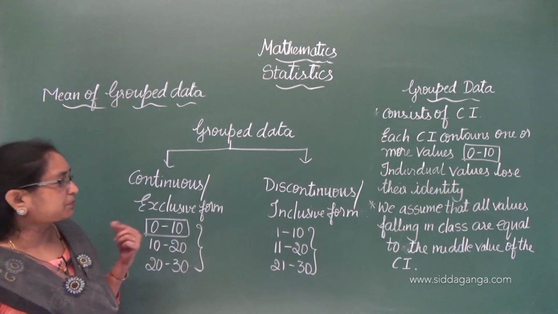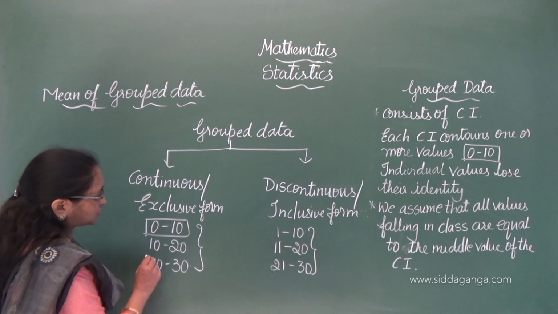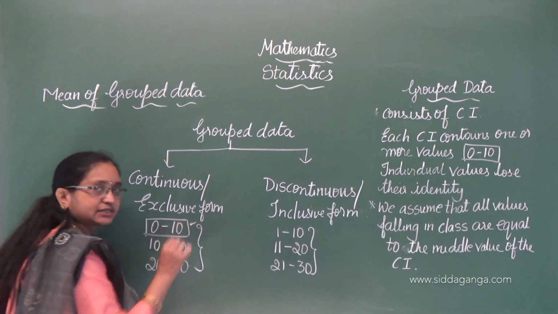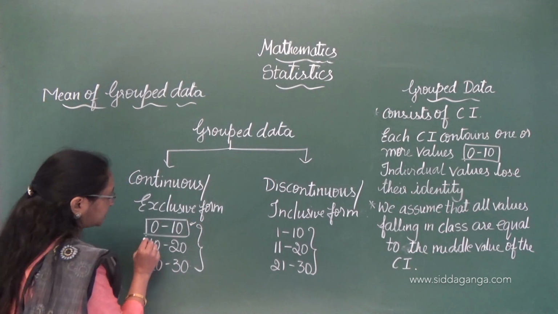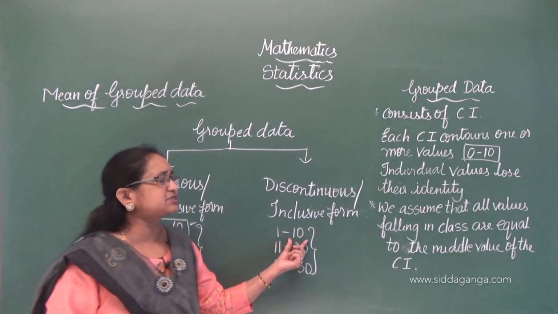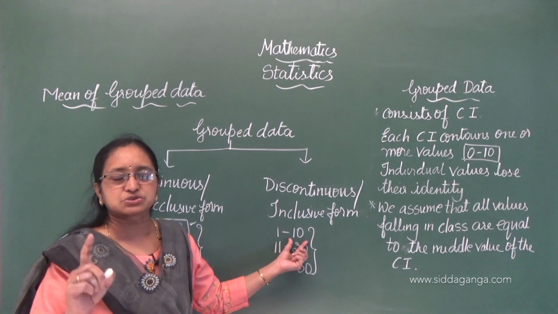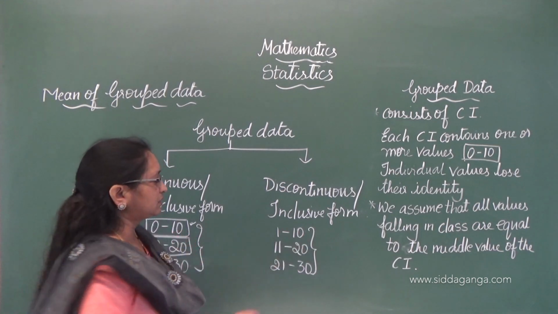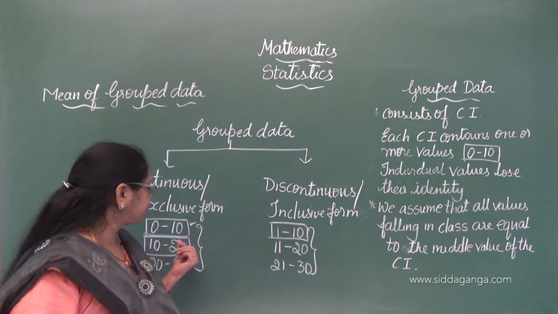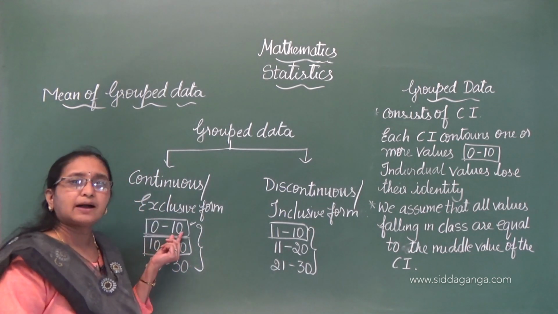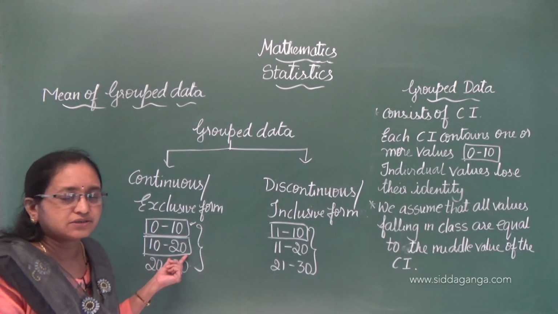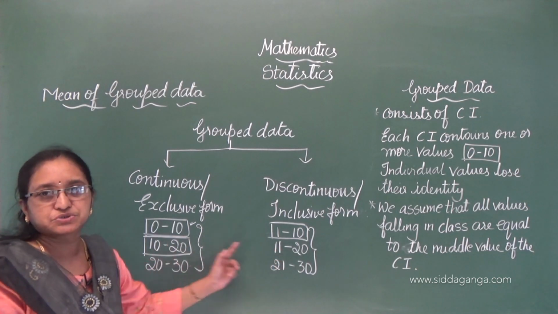Suppose if the student has scored 10, he won't come under this, he will come under this class interval. Yesterday I told you, but in this case it is not like that. Suppose the student has scored 10, then he will come under this block only, not in this. But here you should see the upper limit and the lower limit, then you have to decide.